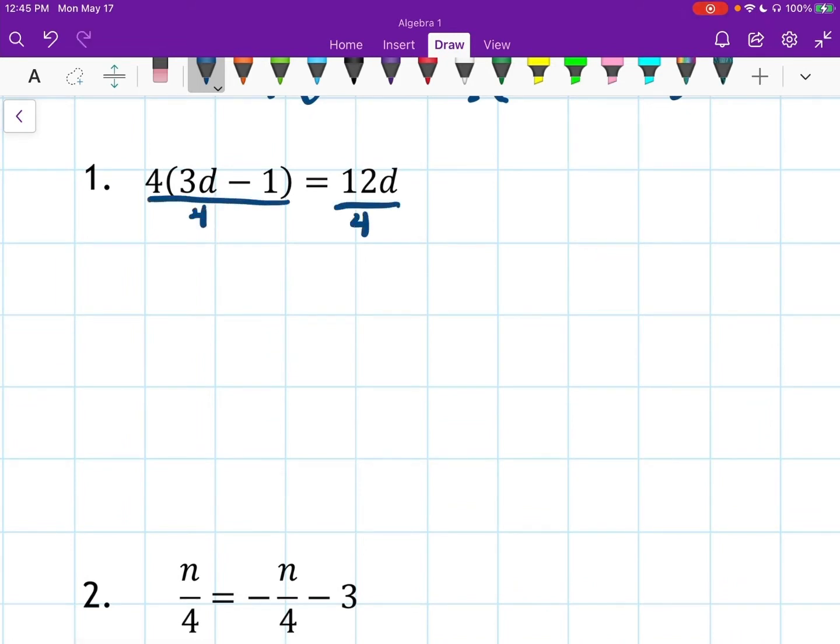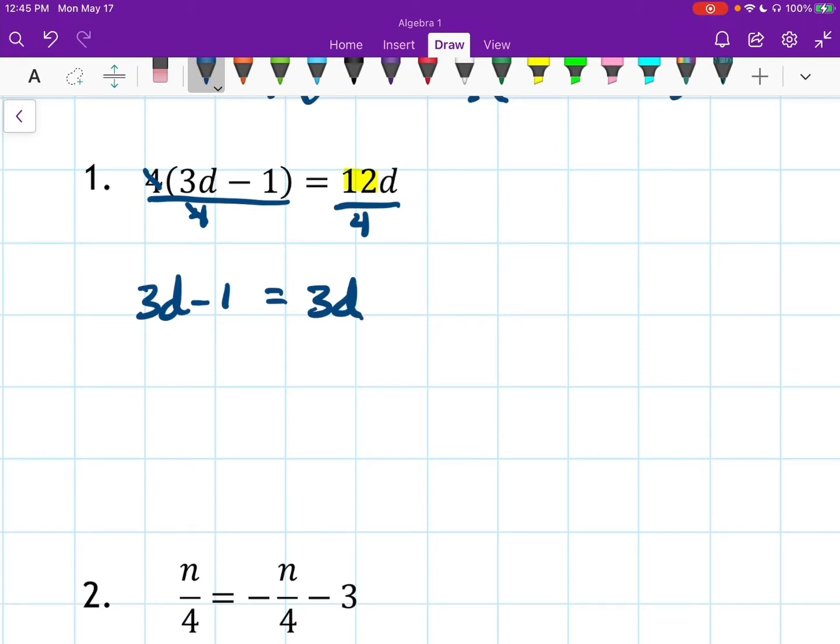The reason is that I see the 12 over here. 12 divided by 4 is 3, it gives me a nice answer. If that 12 was a 15 or something, then 15 divided by 4 doesn't give me a nice answer. But 12 divided by 4 does. So when I cancel out these 4's, I get 3d minus 1 is 3d.